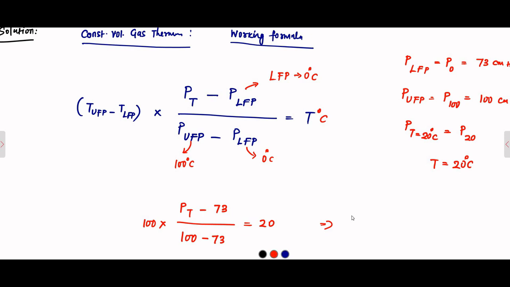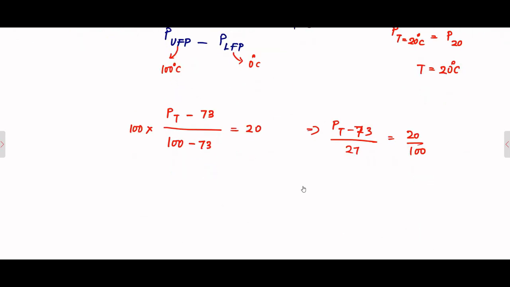So we have Pt minus 73 over 27 is equal to 20 by 100. That implies Pt minus 73 is equal to 20 by 100, which is equal to 1 by 5, so 1 by 5 into 27.